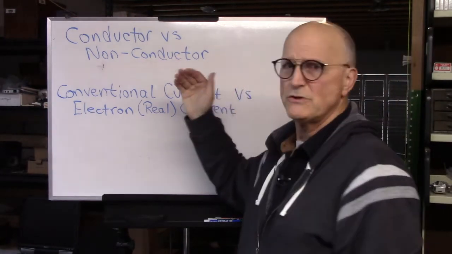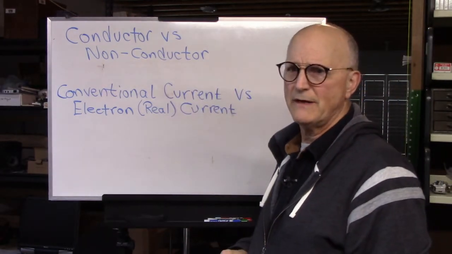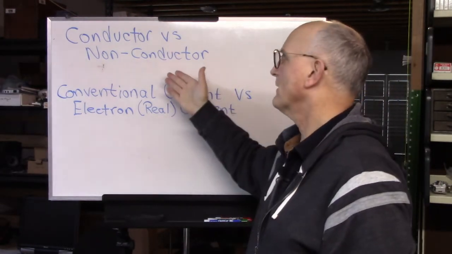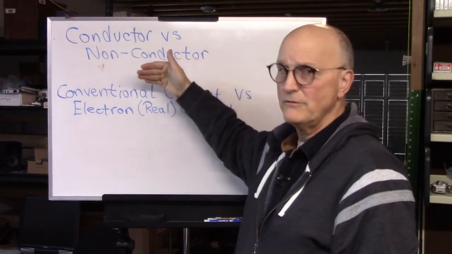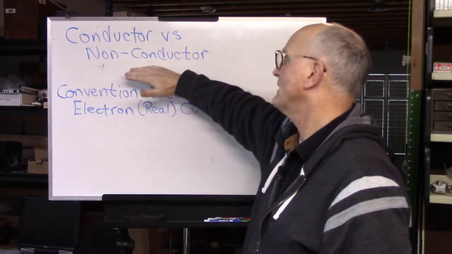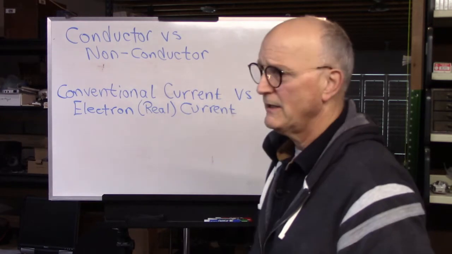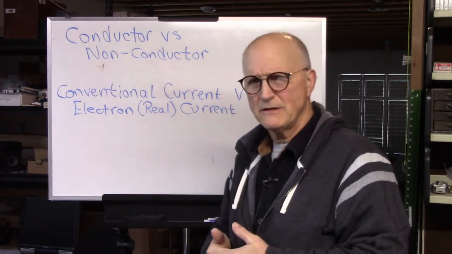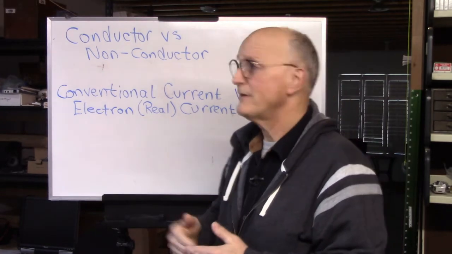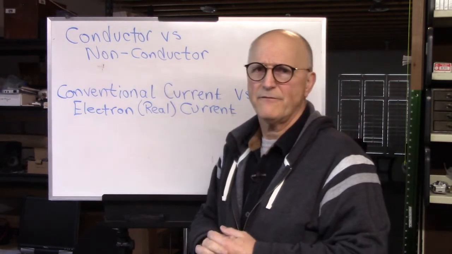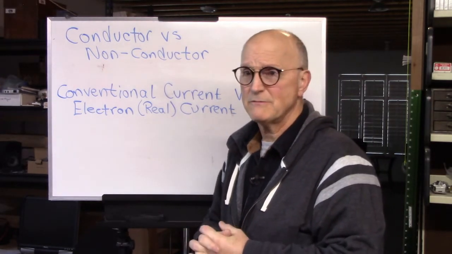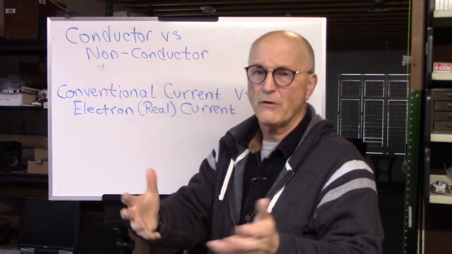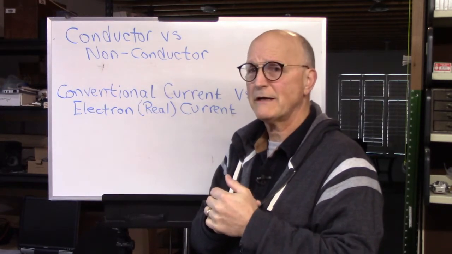So I have two last things that I want to address with regard to current, and I'll do that in quick succession. We have conductor versus non-conductor. The only difference between a good conductor, a not so good conductor, and an insulator or non-conductor is the availability of these electrons to be used for current. How mobile are the electrons?